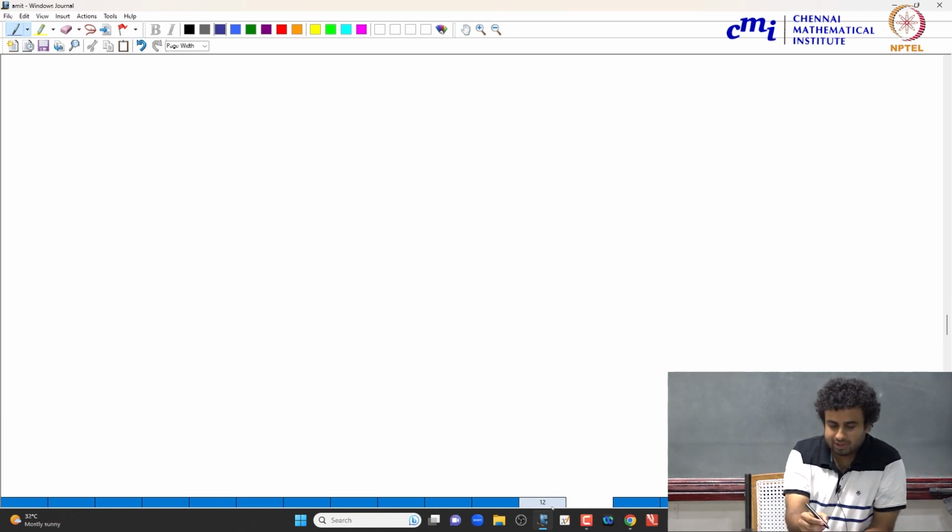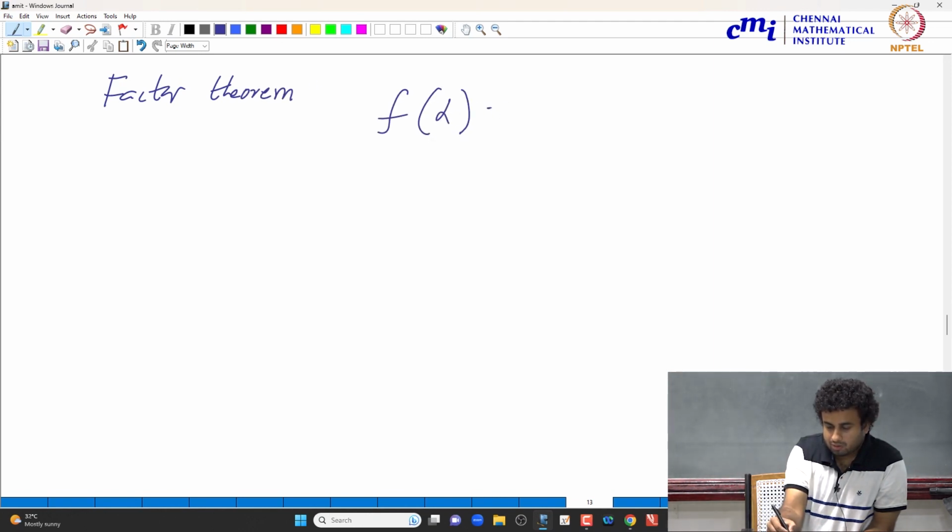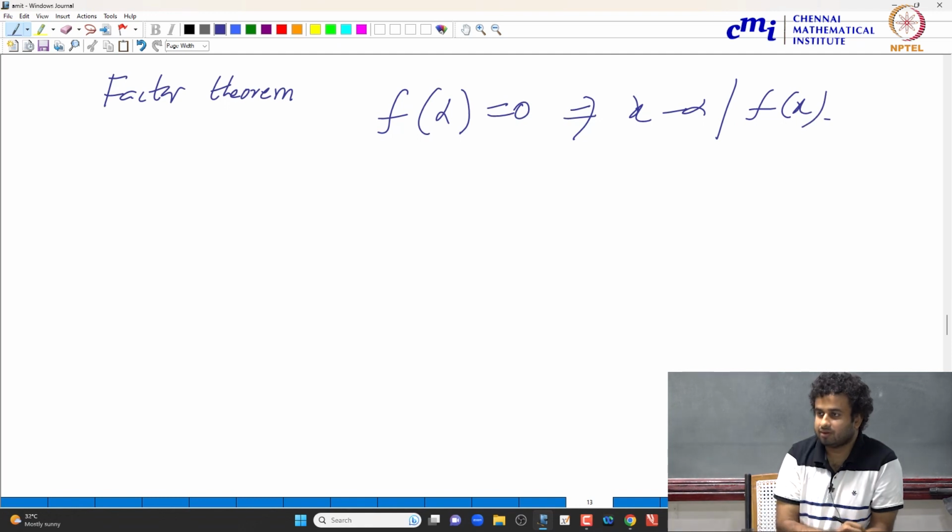You can prove it using the factor theorem that you learned in school: if f(alpha) is 0, then x minus alpha divides f(x). Using this you can prove that there are at most d roots. You do not need the fundamental theorem of algebra to prove this. It will follow from the fundamental theorem, obviously.